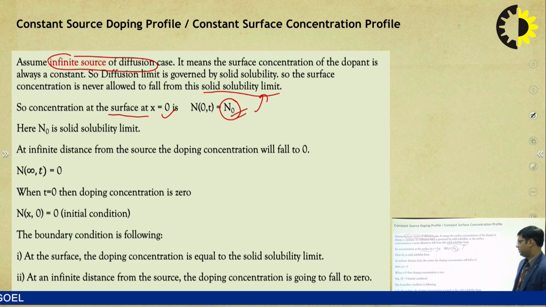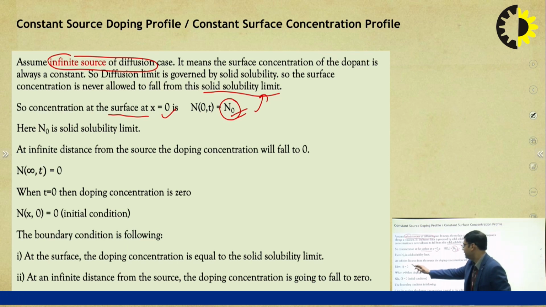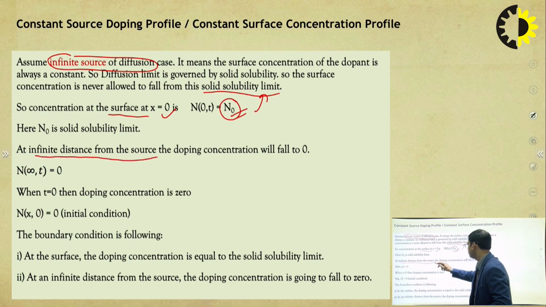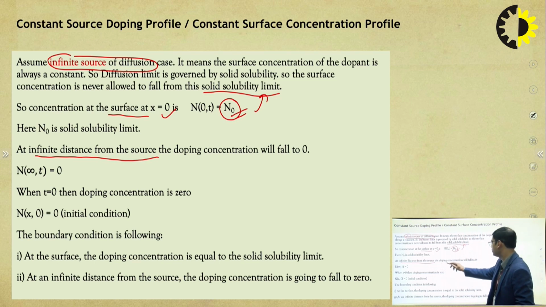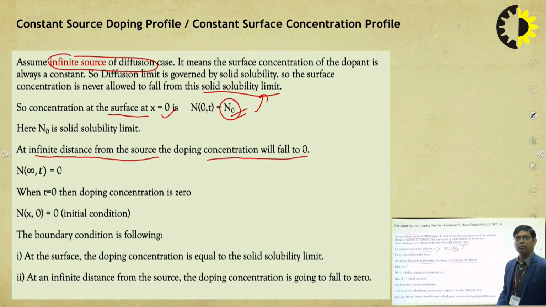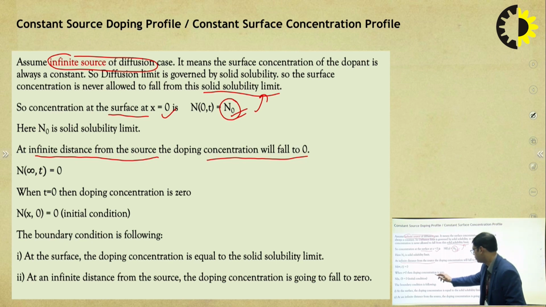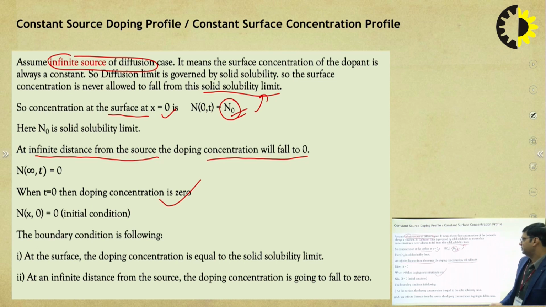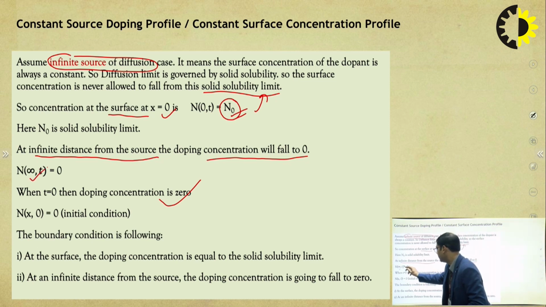Now, at infinite distance from the source, the doping concentration will fall to 0, as is obvious, because the dopants are moving from higher concentration to lower concentration, so at infinite distance the concentration will obviously be 0. So the concentration at x equal to infinity will be 0.